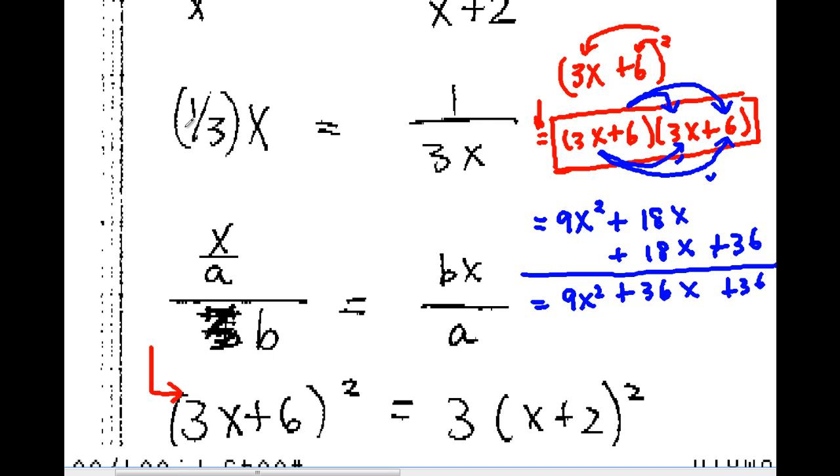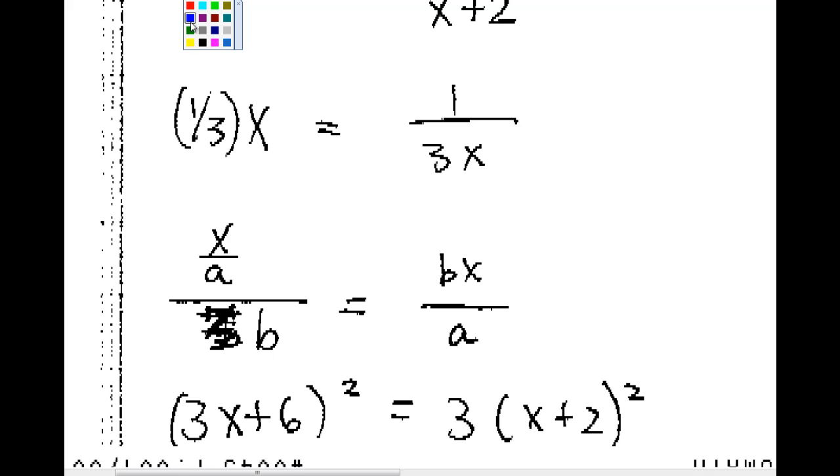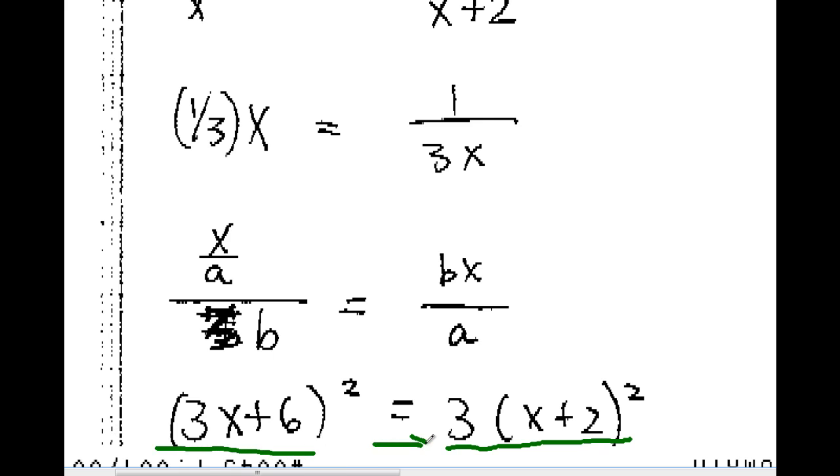Okay, this is all fine and dandy. Now watch what the student did. I think the student had a good idea, but just didn't quite carry it out. Let's see what happened. If you were to try to go from here to there, your best shot is this.